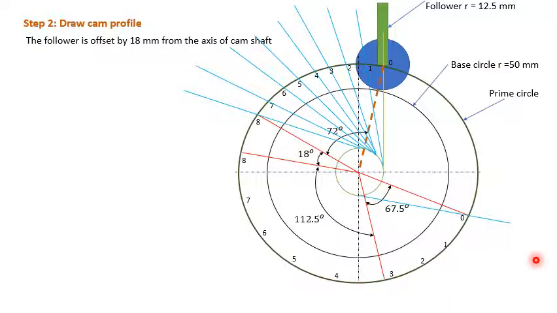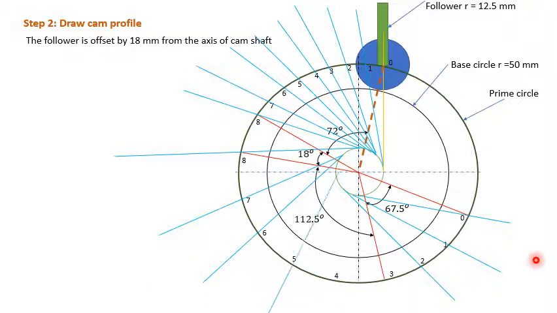From each number draw tangent lines to the small circle like this.